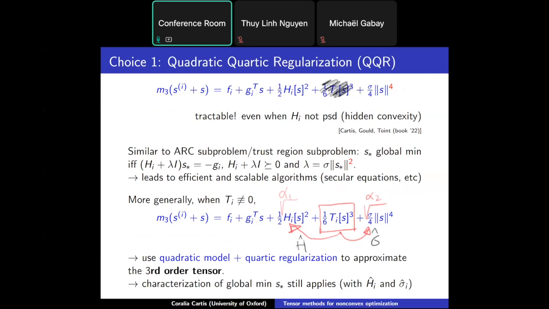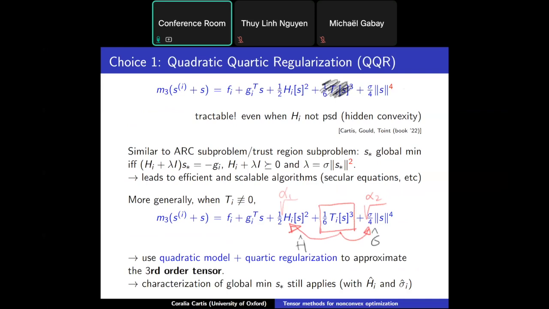So what is bothering me is this third order term. Let me erase it, but of course I have to capture it somehow. This is interesting, and I want to mention this to you because I don't know if in your community this is well known, if you've seen this approach with secular equations from trust region.